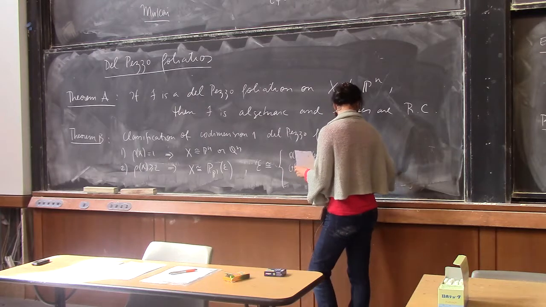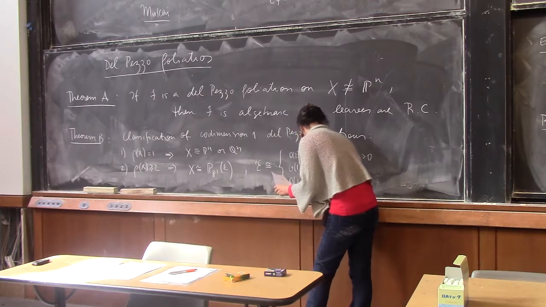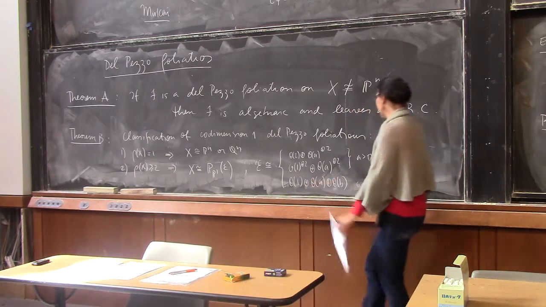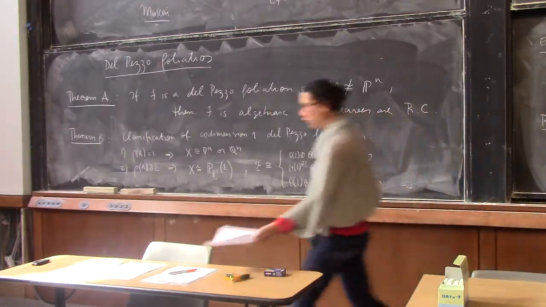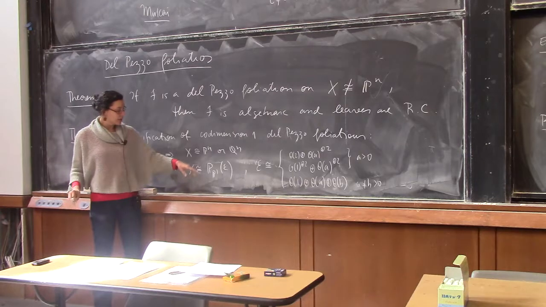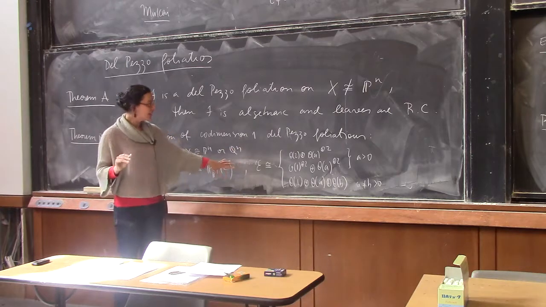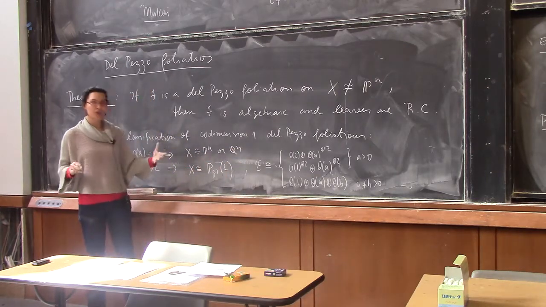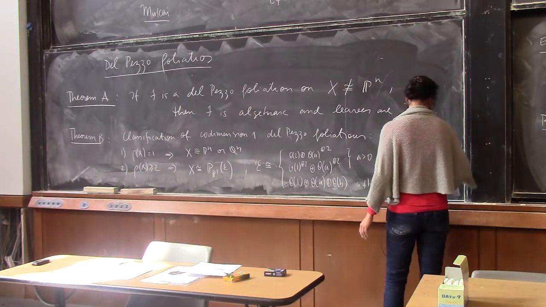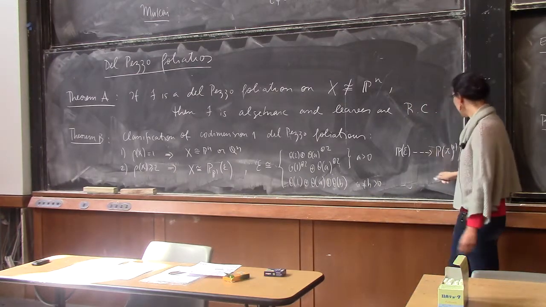In this case A is some positive integer, and there is one last case. So only for those projective space bundles over P1 can you have a del Pezzo foliation. In particular, the dimension of X is either 3 or 4. And moreover, in this case, we actually get a description of such foliations. These are given by linear projections from PE to PK, where K is some rank 2 subbundle of E.